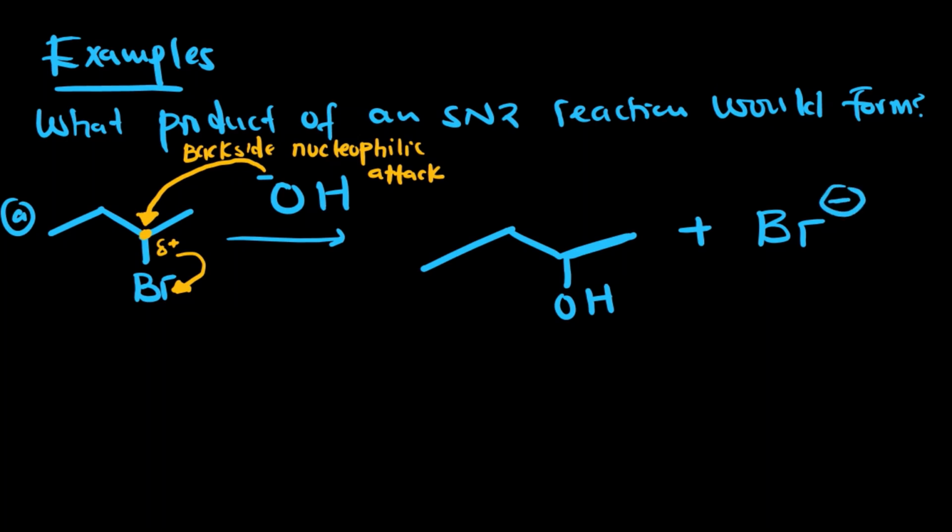So as you can see from here, the halogen on the alkyl halide was replaced by the nucleophile. How? Because the nucleophile attacked the alpha carbon, which is partially positive, from the back of the leaving group, which was the halogen. So this is how an SN2 reaction takes place.